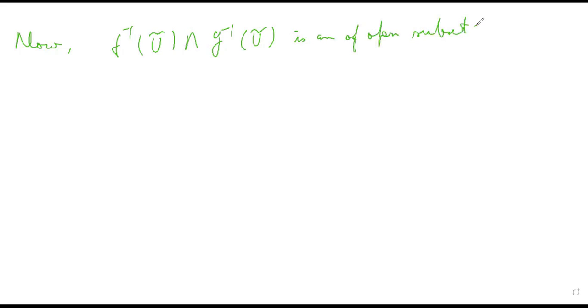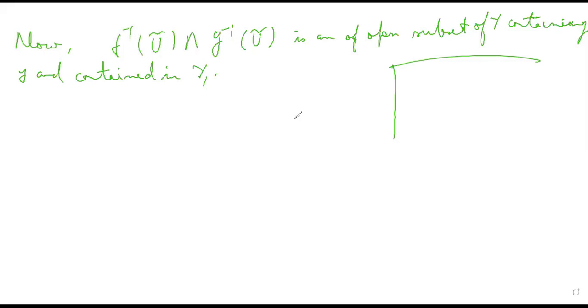Now F inverse U tilde intersection G inverse U tilde is an open subset of Y containing y, and it is contained in Y1. Why?